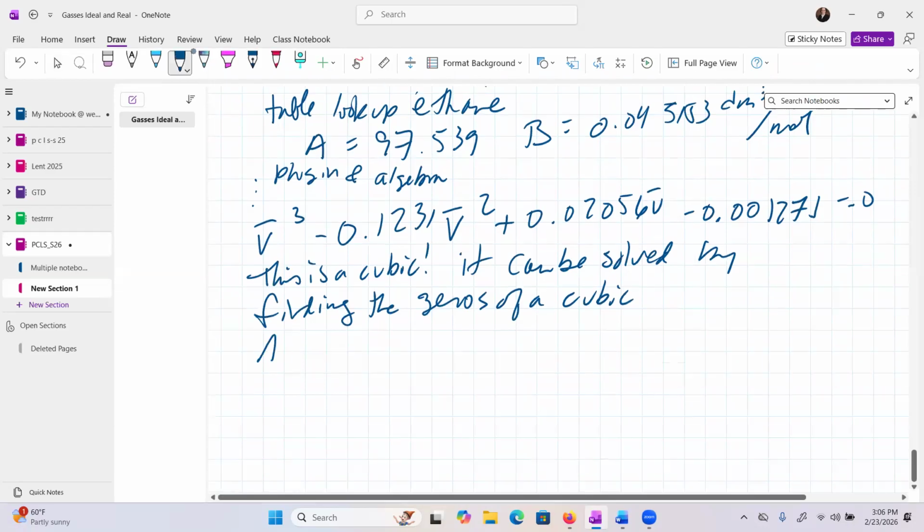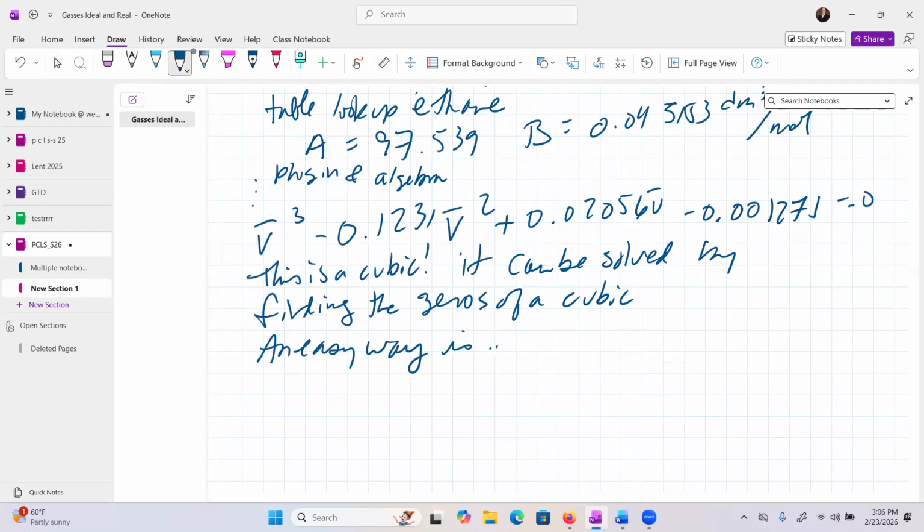An easy way is to graph it and look at your calculator. And that's how you can solve this.